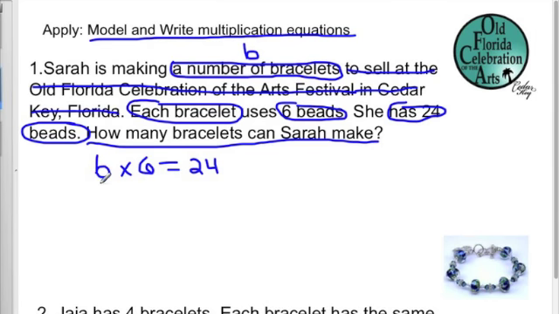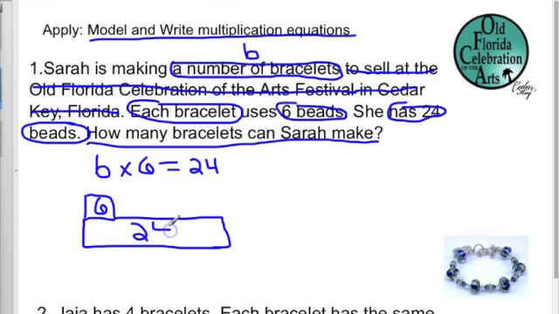That's what I'm looking for. So when I'm drawing a model, identifying the number of groups, I need to identify the information that I do know. I know that she has to put 6 beads on each bracelet. I know that the total is going to be 24.